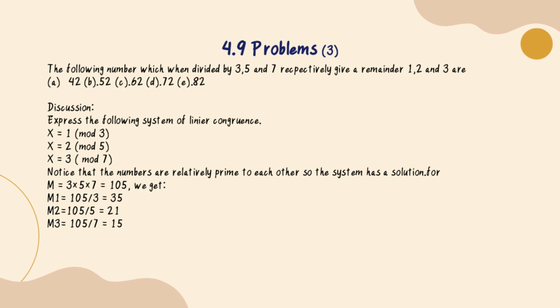Discussion. Express the following system of linear congruences: x equals 1, x equals 2, x equals 3. Notice that the moduli are relatively prime to each other, so the system has a solution. For m equals 3 times 5 times 7 equals 105, we get m1 equals 105.